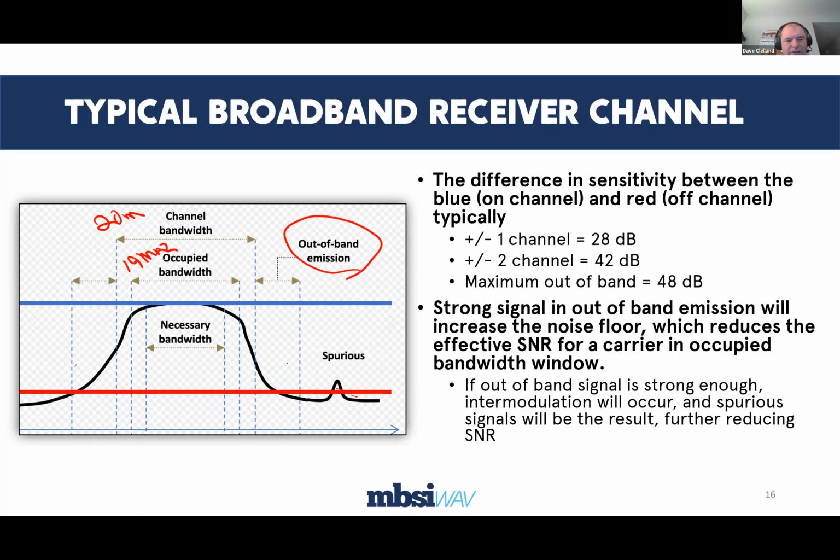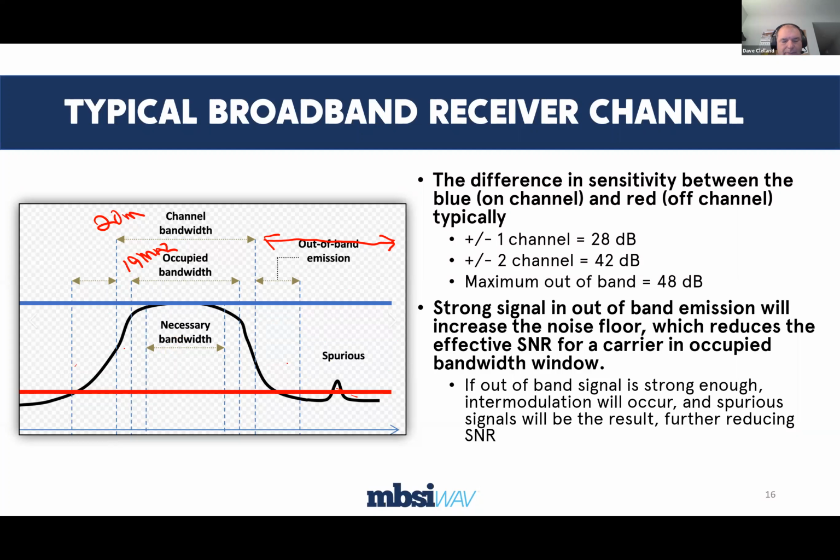If our channel bandwidth is 20, then our next channel out here, let me get rid of my out of band emission, my next channel is going to be 20 megahertz out here. And it's going to look exactly the same as this 20 megahertz. If I have equipment in this channel, then my necessary bandwidth is going to be exactly the same, maybe 18 megahertz.